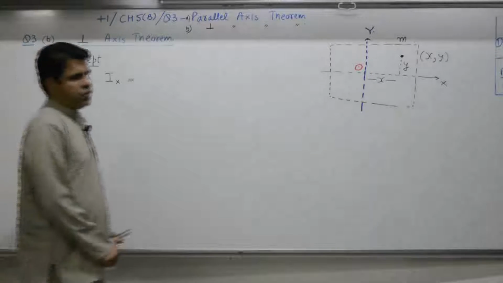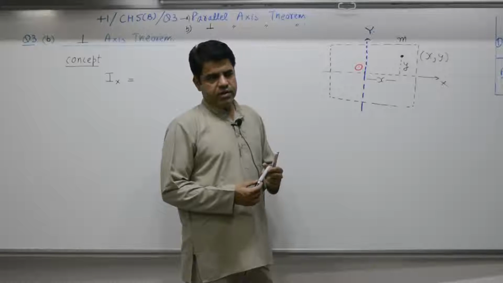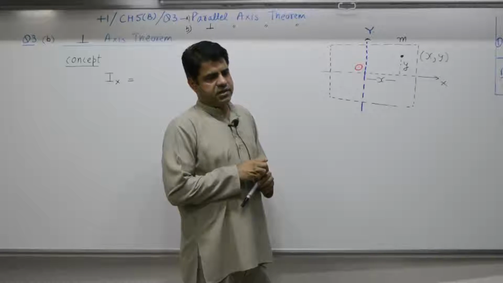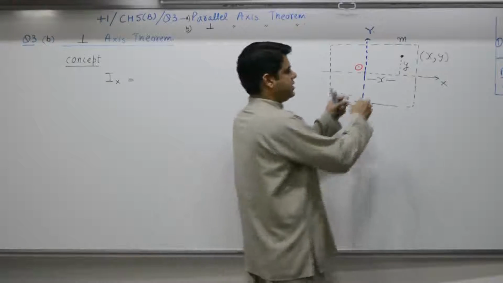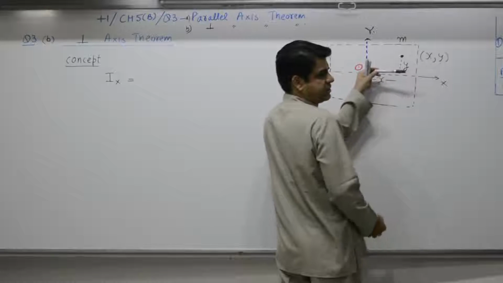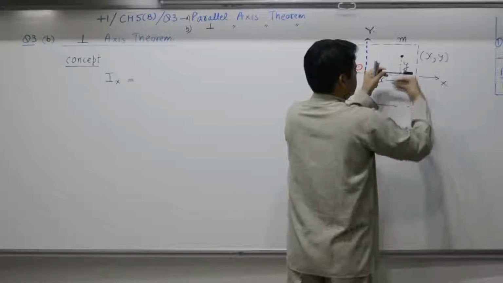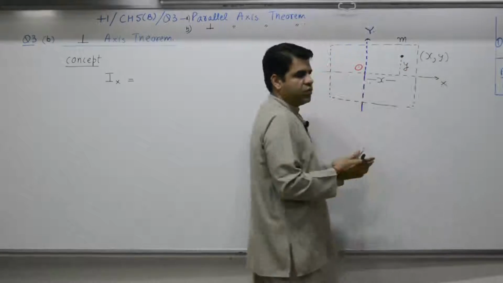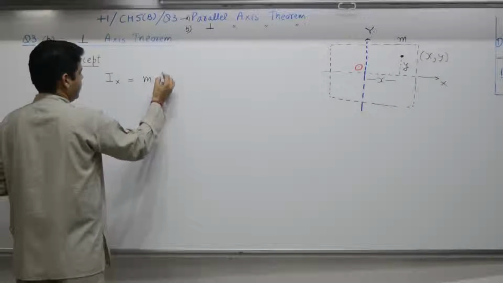Yes, comes out to be what? Anyone? Moment of inertia of this particle about the x-axis, this is the axis, x-axis. So you have to rotate this particle about the x-axis. When you rotate, this radius will come out what? y. So it is m into y square.